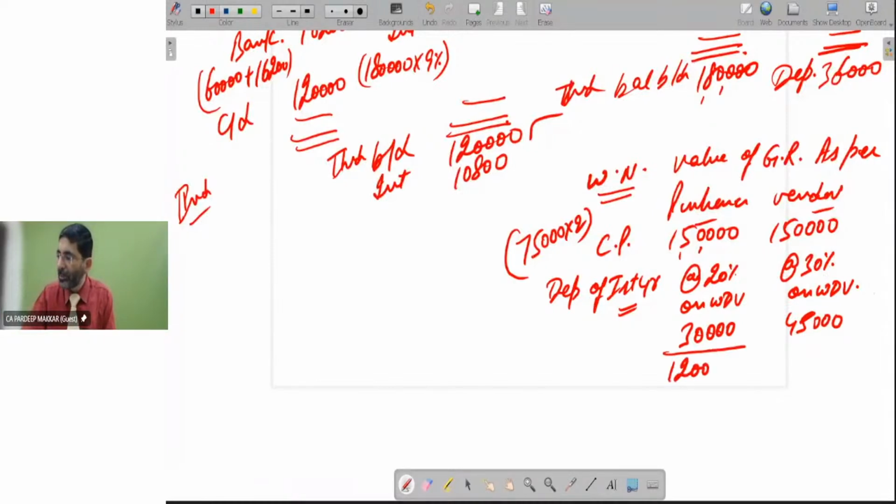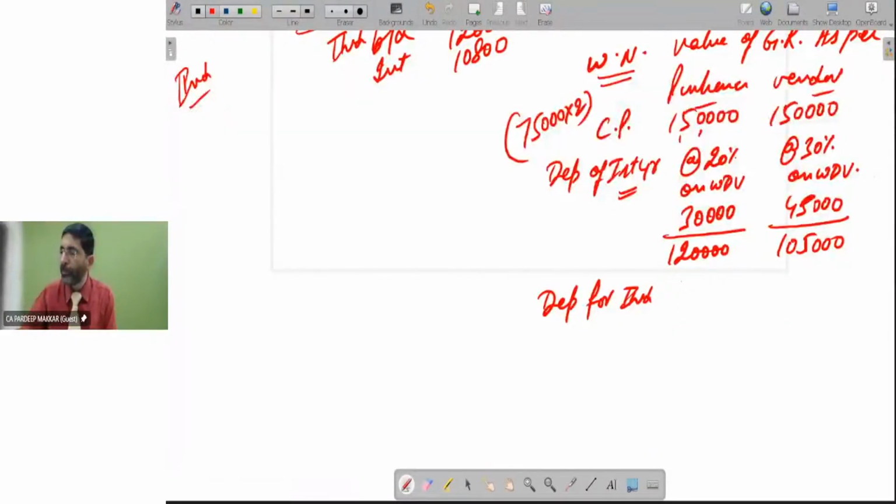So balance is minus depreciation for second year. $24,000 and $31,500.